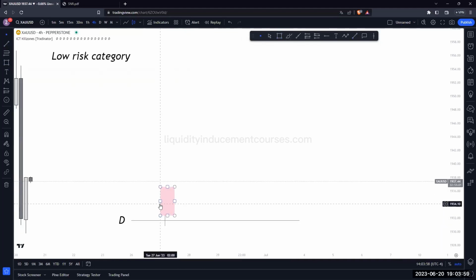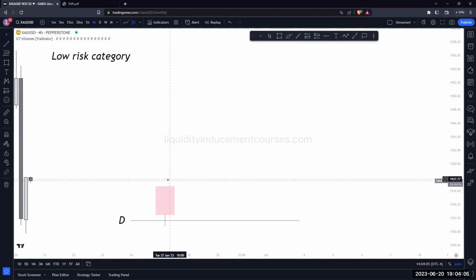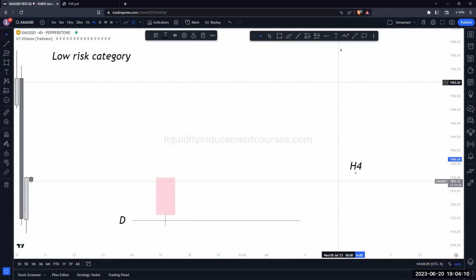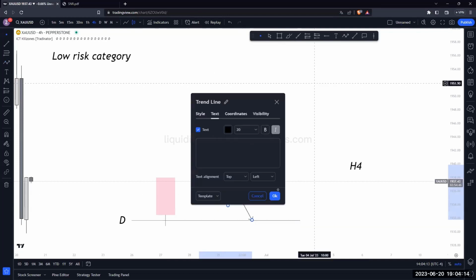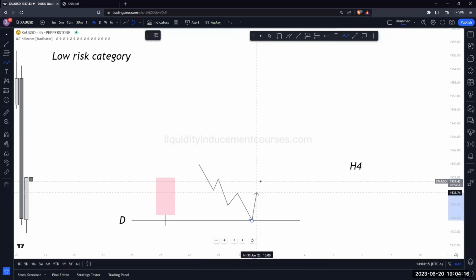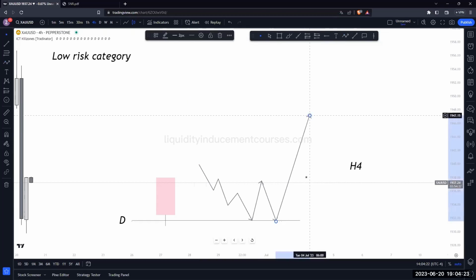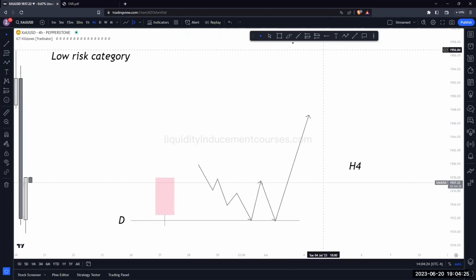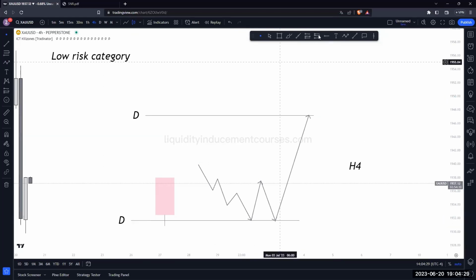Daily reject daily, and then you look at the H4 structure approaching the daily, and then you look for the breakout. Very simple. Once the breakout happens, you wait for price to pull back to the last H4 and buy. That's it. Your TP is the next daily or 200, 240 pips.